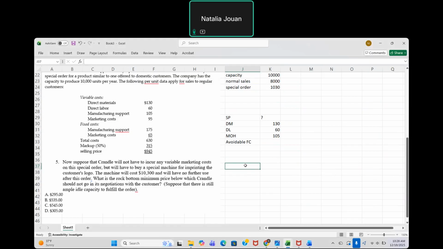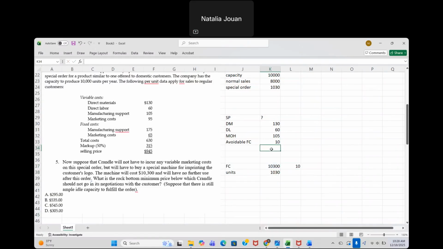Let's compute it. The total fixed cost is 10,300, and we're going to allocate it over the 1,030 units: cost over driver, $10 per unit. So the avoidable cost per unit is 10. In this case, we want to break even.